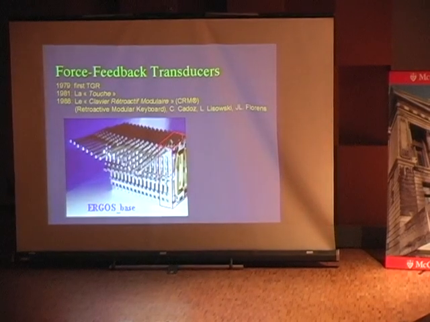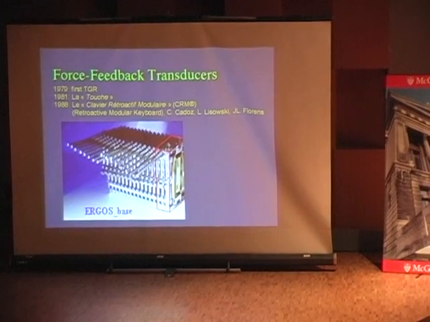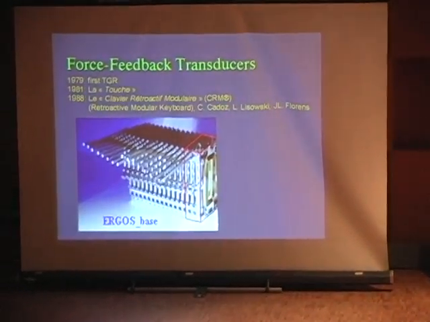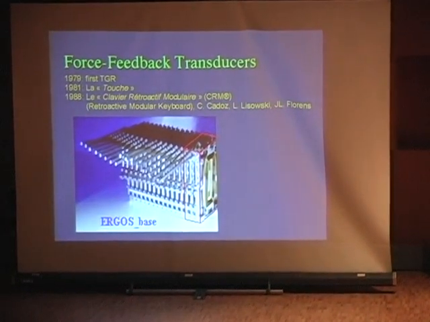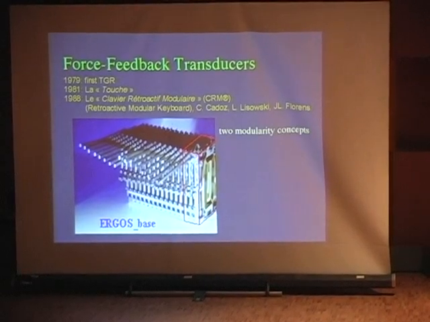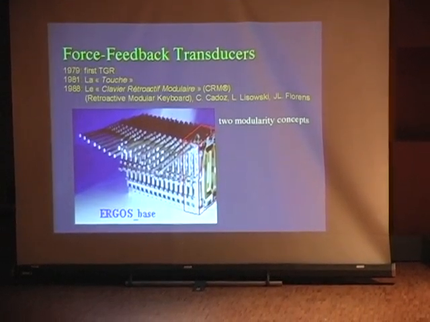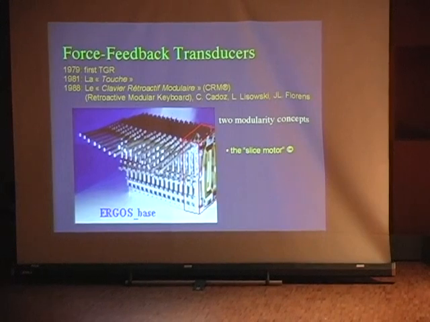In 1988, we built the first modular system, the clavier rétroactif modulaire, which comprises two modular concepts. First, this slice motor, which is a patent from Acroe, which allowed very good performance, particularly strong force feedback in a very compact volume. And second, this concept of variable morphology, in French habillage.